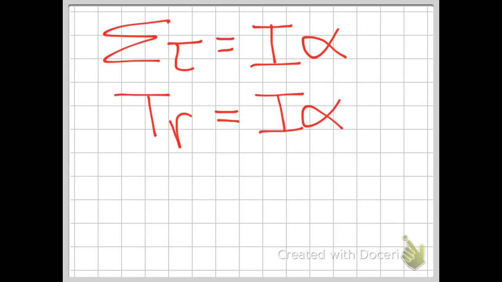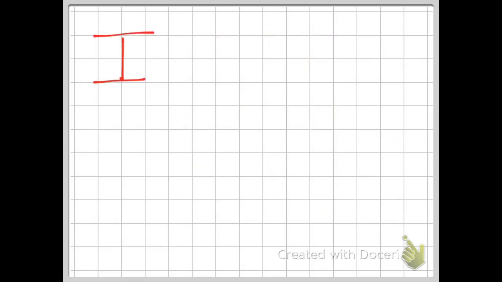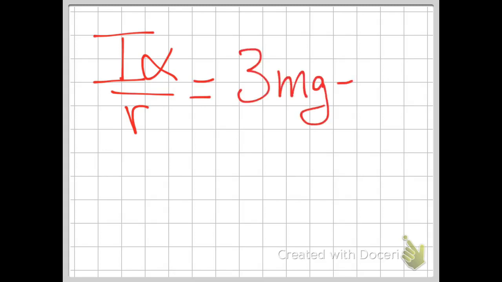So we can rearrange this to solve for the tension. Tension equals rotational inertia times the angular acceleration divided by r. So we can plug this back into our formula that we had before. Rotational inertia times alpha over r equals 3mg minus ma. So far so good.